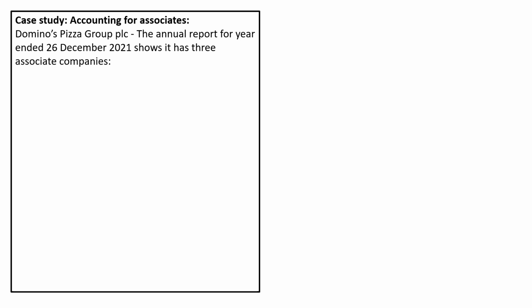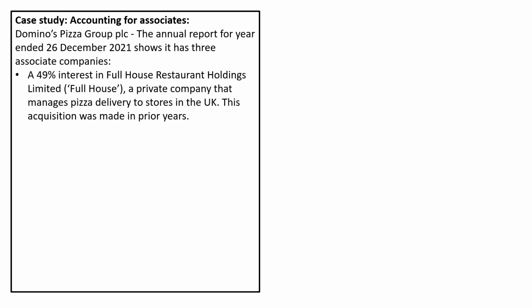In Dominion Pizza Group plc, in the annual report for year ended 26 December 2021, it had 3 associate companies.